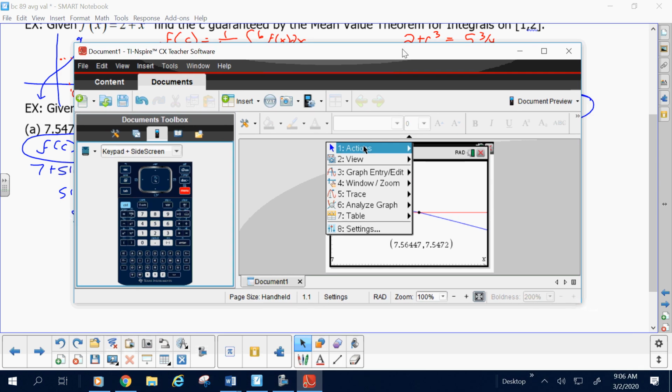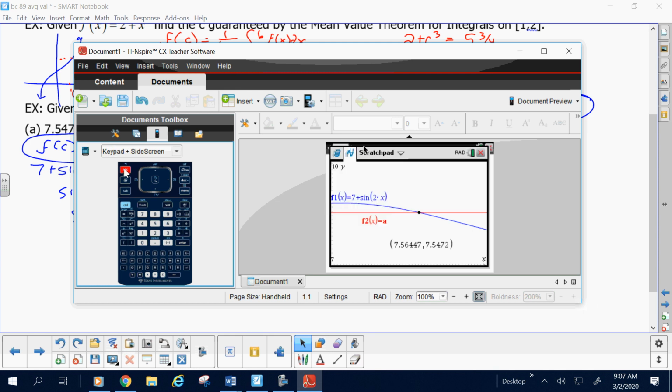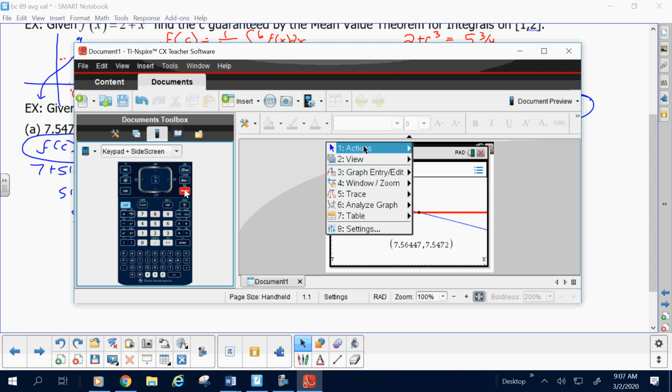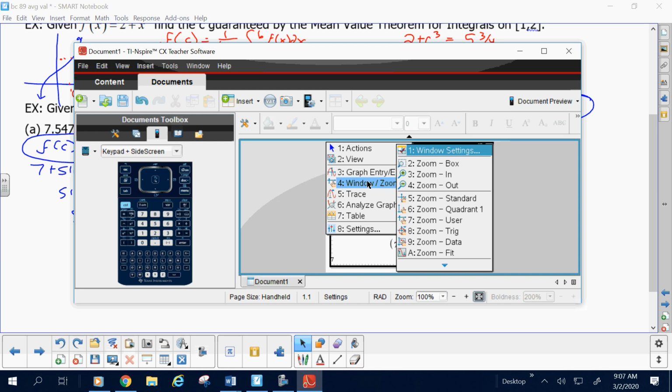So the very first thing you should do after you get your equations in, there's my curve. There's my average value. I stored it to A. After that, before I find intersection points, you set your window to the appropriate window.